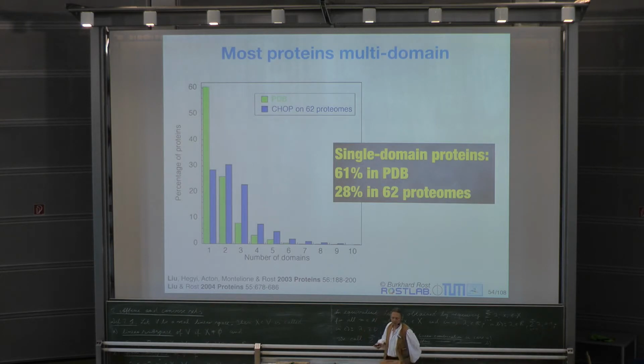Let me repeat this point that I mentioned before. So when we look at all the proteins, PDB, the Protein Data Bank, contains all the proteins for which we know experimental three-dimensional structures in great detail, high-resolution structures. And you see that 60% of those here in green are single domain. Then 2 domains you see in almost 30%, and everything else sort of drops off to very small amounts.